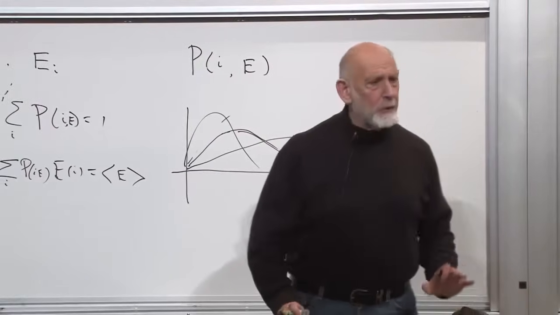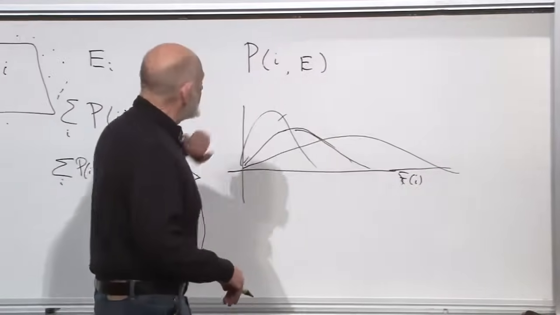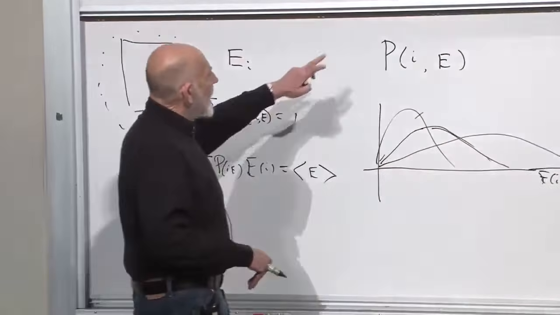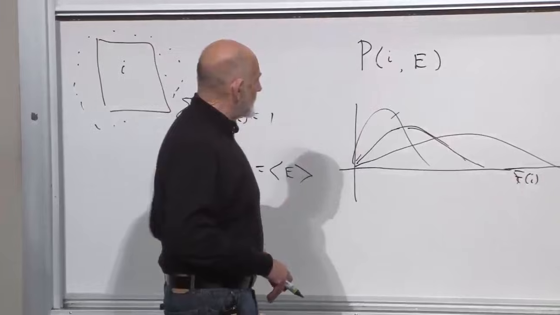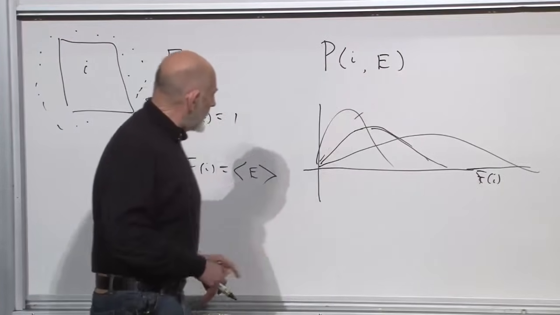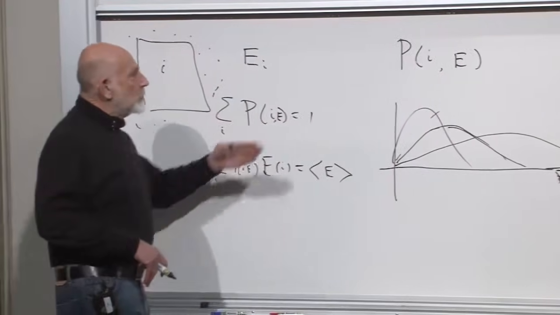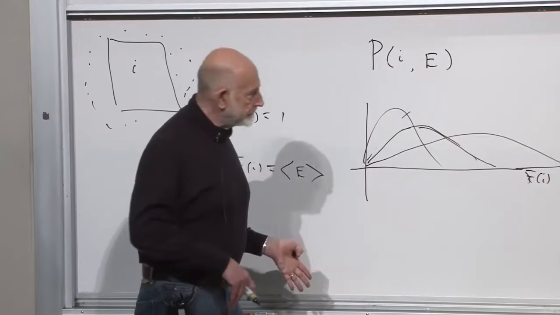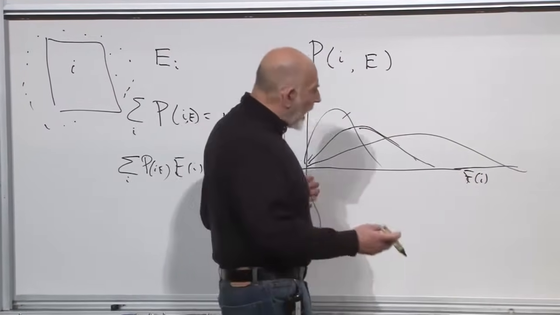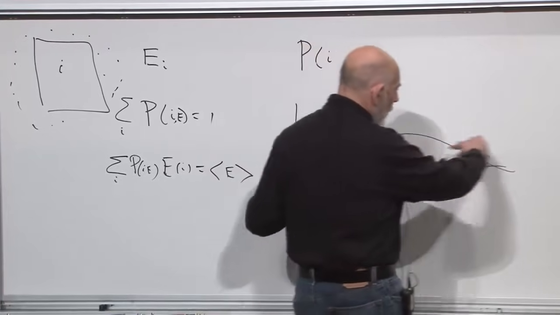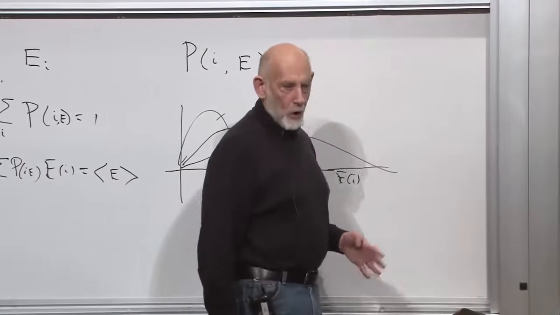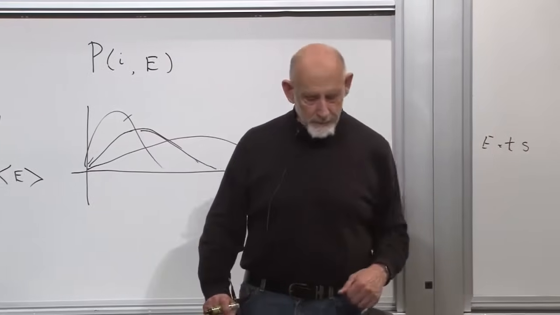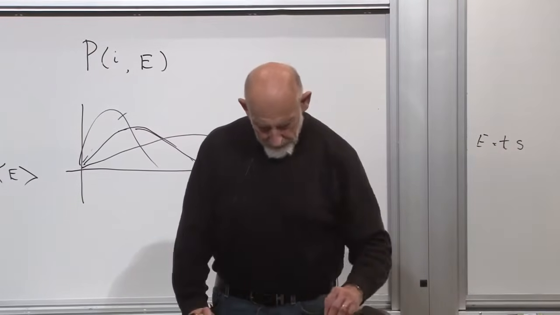But for now, we're just doing a mathematical exercise, a one-parameter family of probability distributions parameterized by the average energy. No two of them have the same average energy by assumption. And the higher the energy is, of course, the broader the probability distribution is likely to be. And we'll take that as a given.